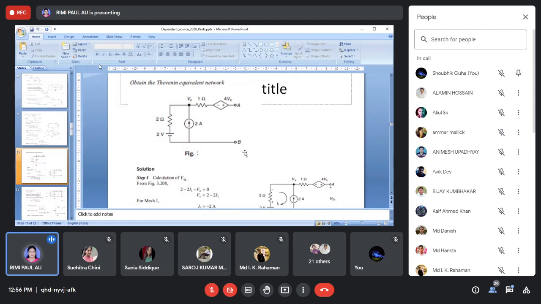But here, if I do it, what will happen? I have to remove this voltage source and short this path. But I cannot, because it depends on this nodal voltage Vx.